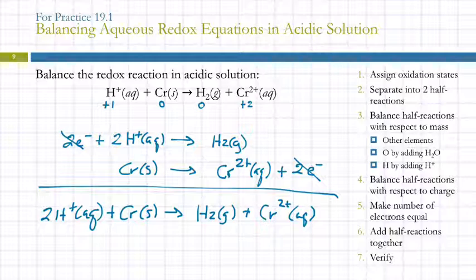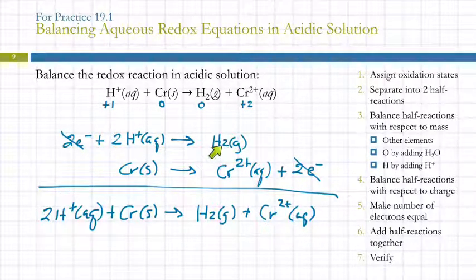Can you go back? Can you say how I added the 2 electrons? Yep. So I added the 2 electrons here because after balancing for mass, so that I have the correct number of hydrogen atoms, I need to make sure that the charge on the left side of the arrow and the charge on the right side of the arrow is the same. So the charge on the right side of the arrow is 0.